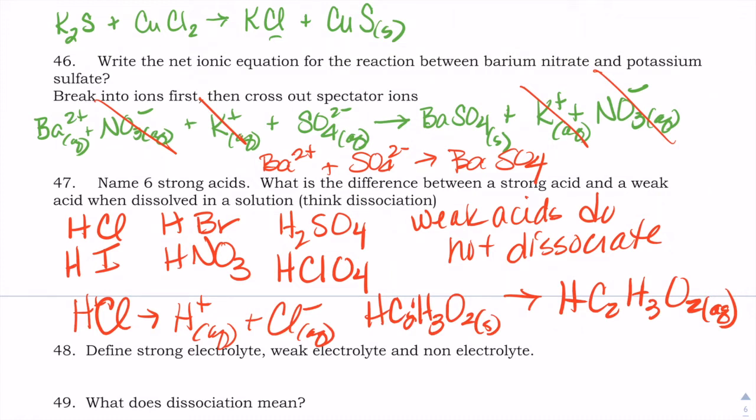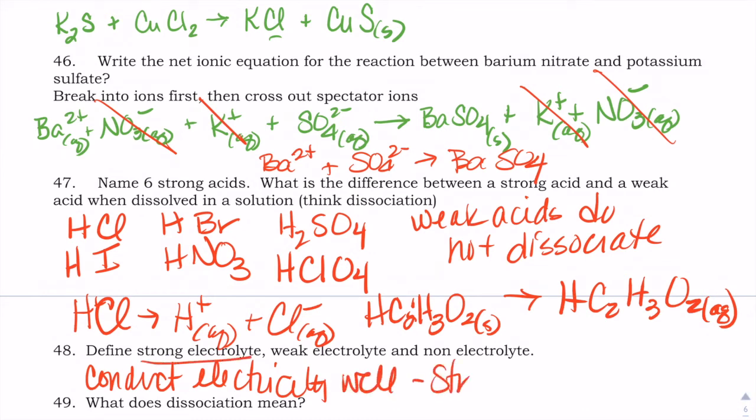Electrolytes are things that will dissolve in water and conduct electricity. Strong electrolytes conduct electricity well. This includes strong acids and most of our soluble compounds.